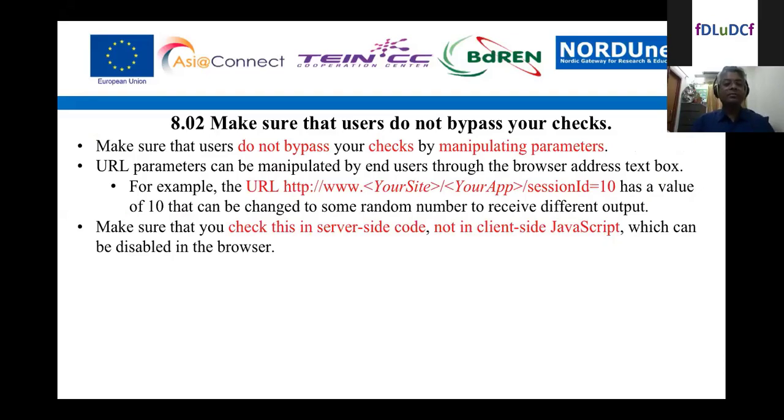For example, when you are developing your site, if you have in the browser something like session ID equal to 10, the attacker can change this value to a random number and try to get some information. So don't do it like this.